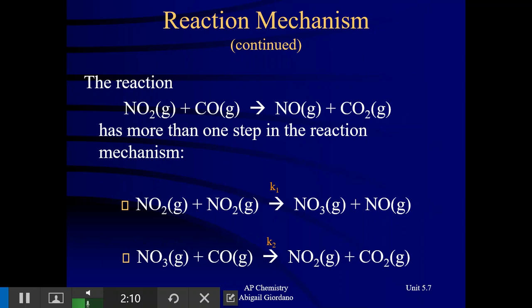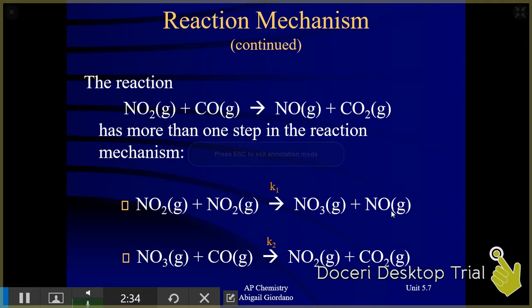At the bottom of your screen, you have two reactions written there, next to those little box bullet points. Each one of those reactions is what's called an elementary step or an elementary reaction. What's up at the top is what we call the overall reaction. This is just a little vocabulary here.